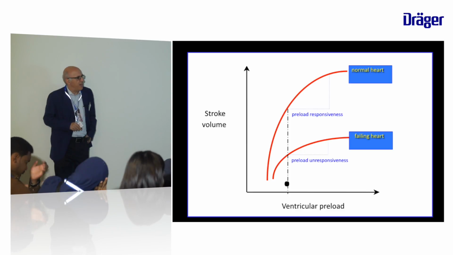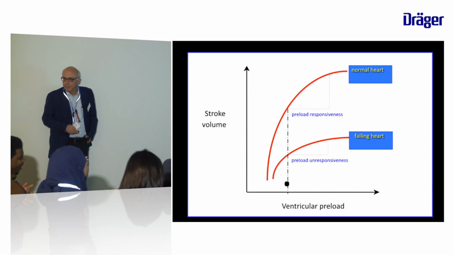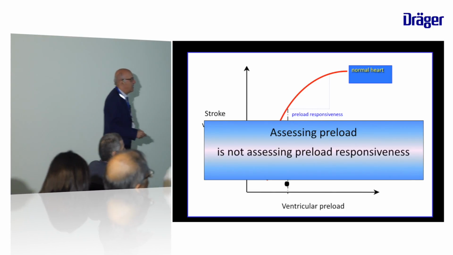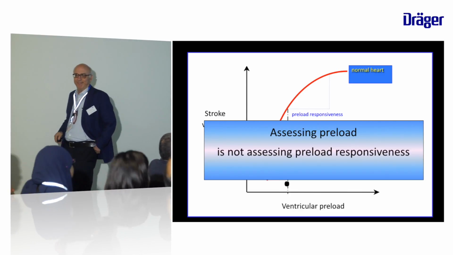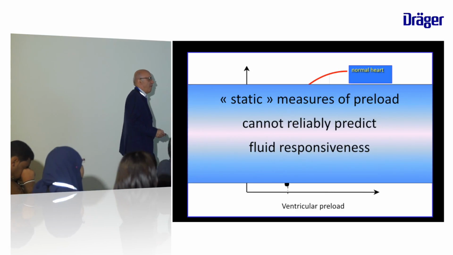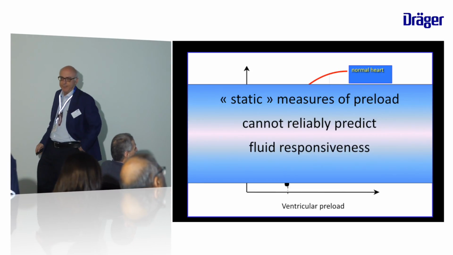So for the same ventricular preload, the message here is you cannot predict if you are responsive or not, because it depends on which curve you are on. So assessing the preload is not assessing the preload responsiveness. Is it clear? So static measures of preload cannot reliably predict fluid responsiveness, the static.